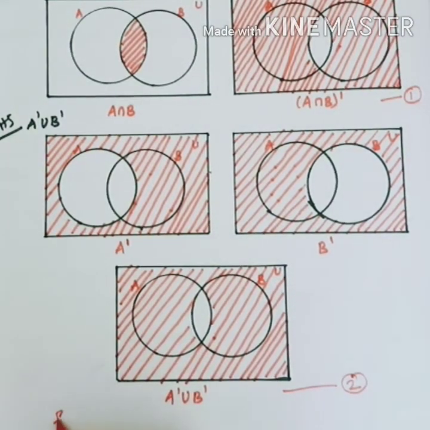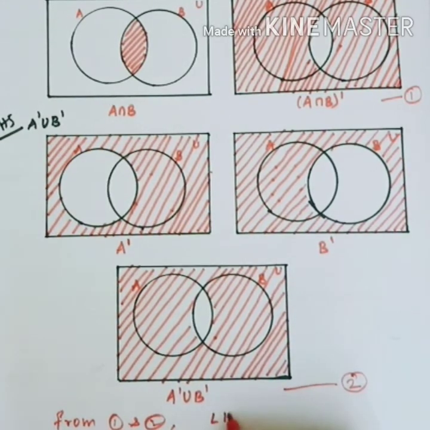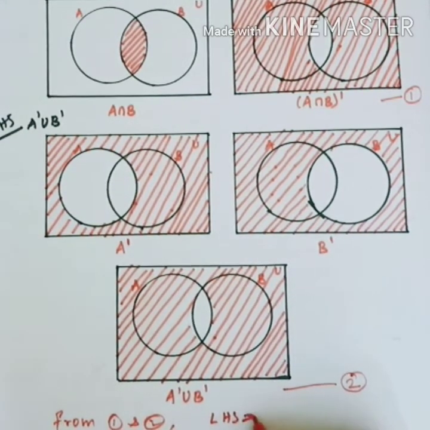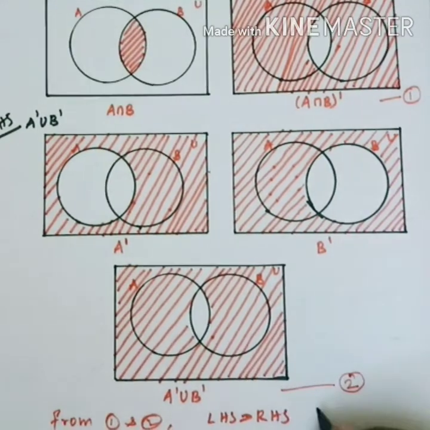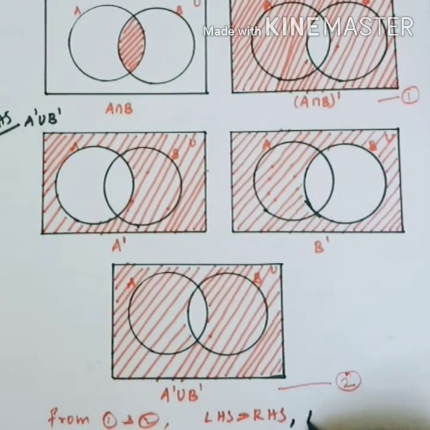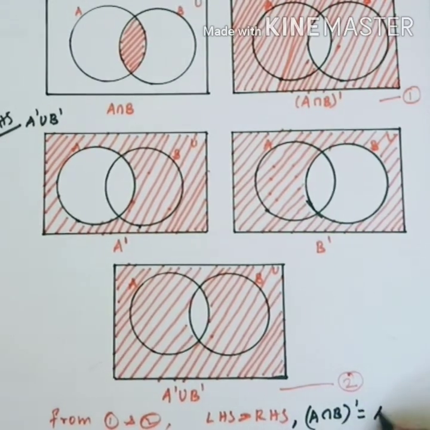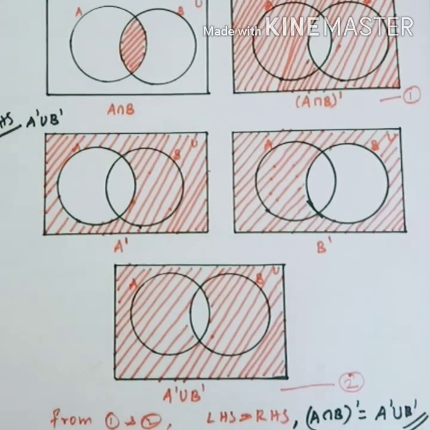So from 1 and 2, left hand side is equal to right hand side. Also, A intersection B the whole dash is equal to A dash union B dash, hence proved.